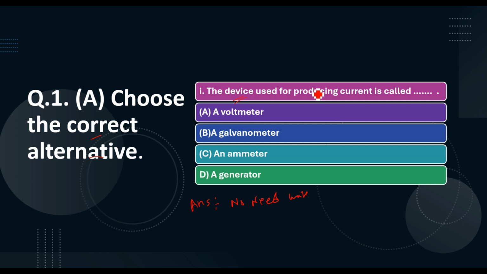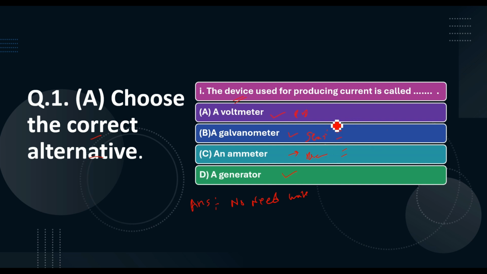A voltmeter is used to measure potential difference. A galvanometer is used to detect sensitive current, and an ammeter is a device used to measure the current. So both galvanometer and ammeter are used to measure the current.